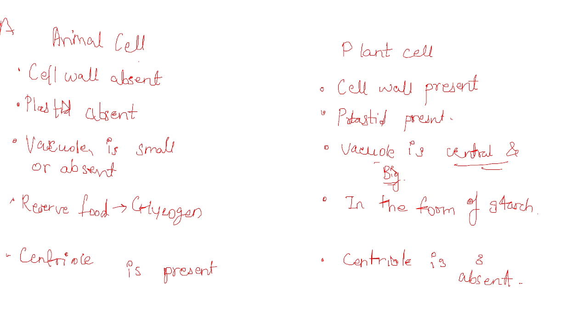In the plant cell it is central and big, located at the central position, and maximum 90% of the plant cell is covered with the vacuole. In animal cell the reserve food is glycogen, whereas in the plant cell it is stored as starch. Centriole is present in animal cell, whereas it is absent in the plant cell. Is it clear?